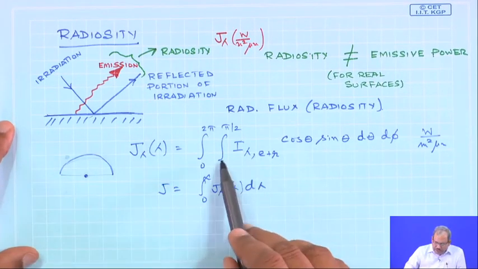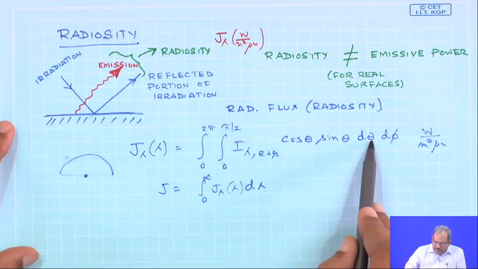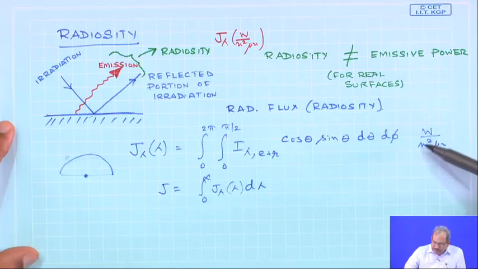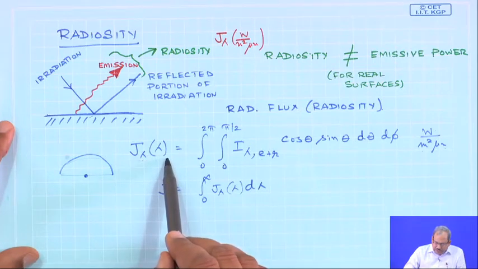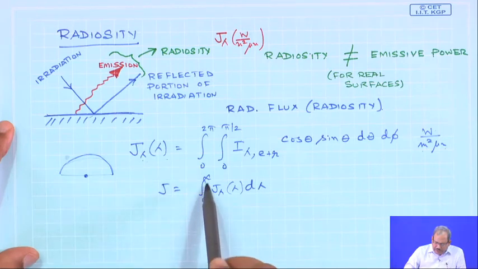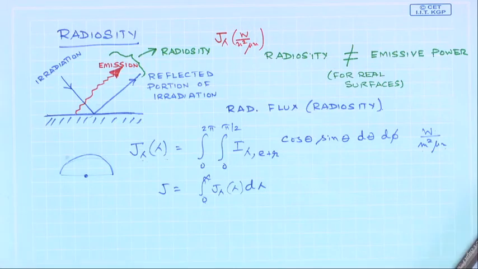So, how do I do that? I integrate over all possible theta and phi, and therefore, this would give me the emissive power per unit wavelength. That is why I have the spectral. Once I have the spectral one, I should be able to find the overall radiosity of a surface by integrating it from 0 to infinity over all possible wavelengths.